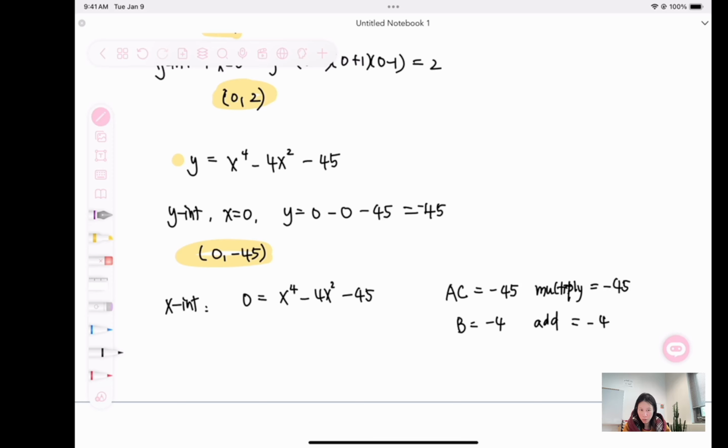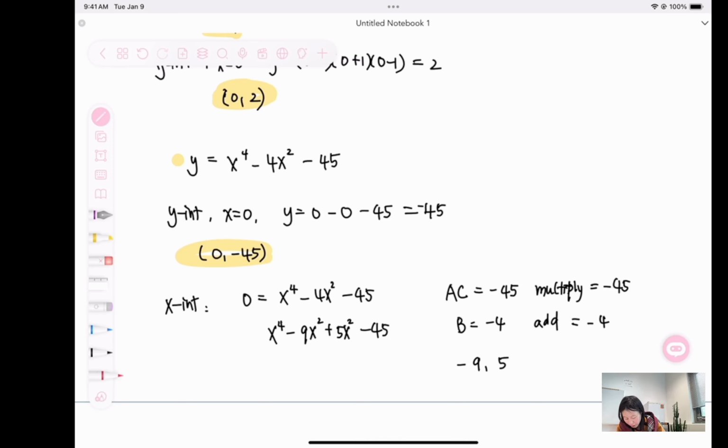So these two numbers will be what? 9, negative 9, and positive 5. So I need to break the middle term into negative 9 and positive 5.